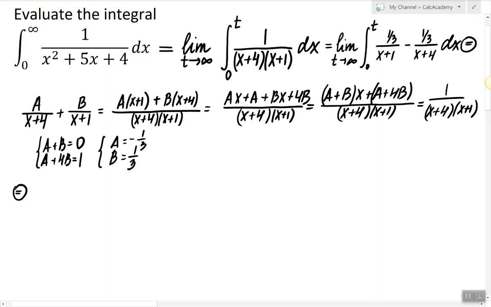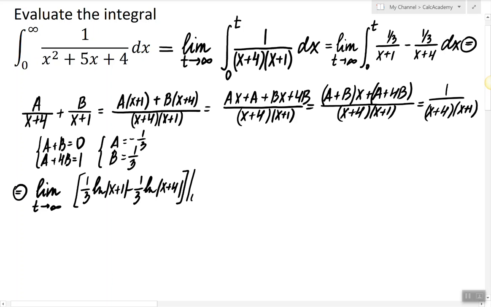Now we are going to integrate the function. It's going to be 1/3 ln of x plus 1 minus 1/3 ln of x plus 4, and we will be evaluating this between 0 and t.